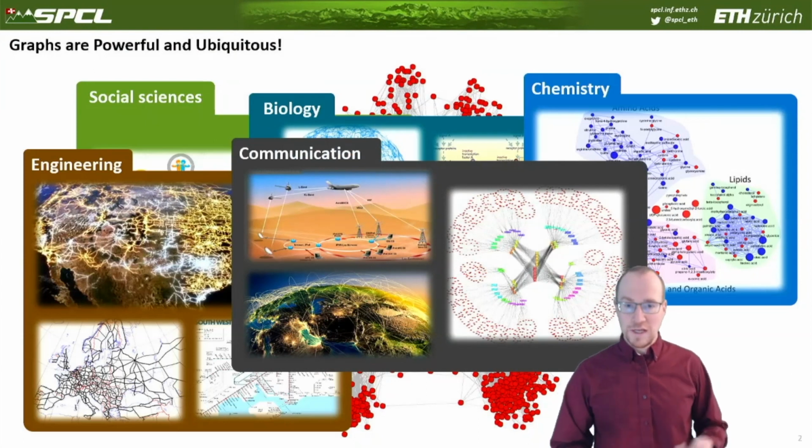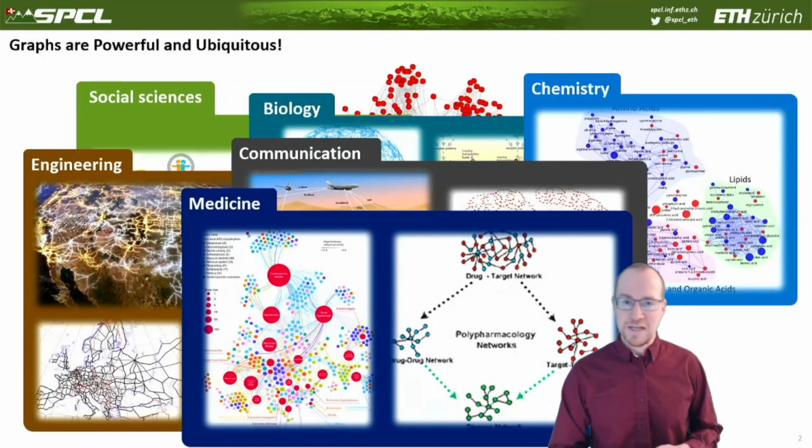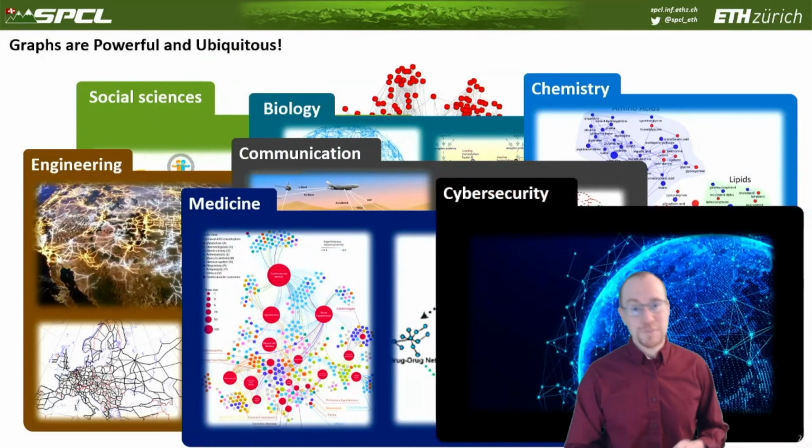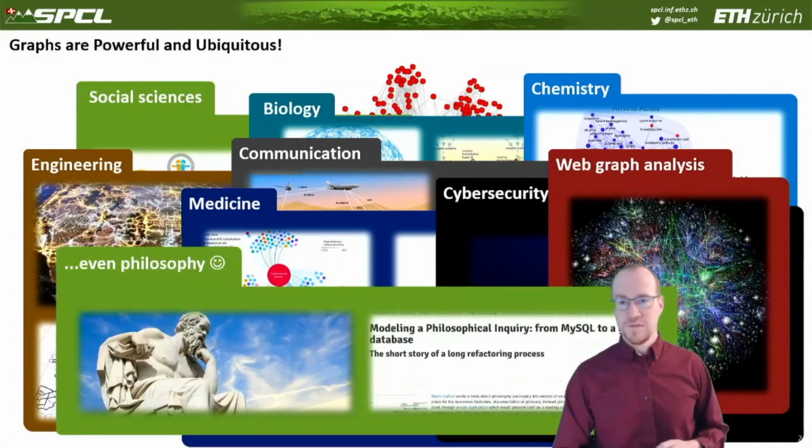Communication, our communication networks can be modeled as graphs. Medicine, much of the effects of medications on the human body can be modeled as graphs. Furthermore, cybersecurity, web graph analysis, and even philosophy are basing on very large scale graph problems.